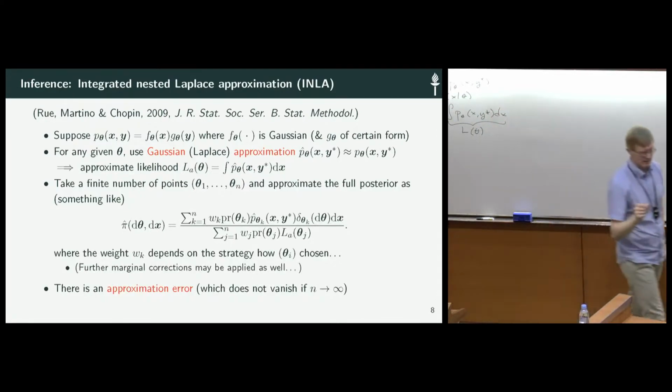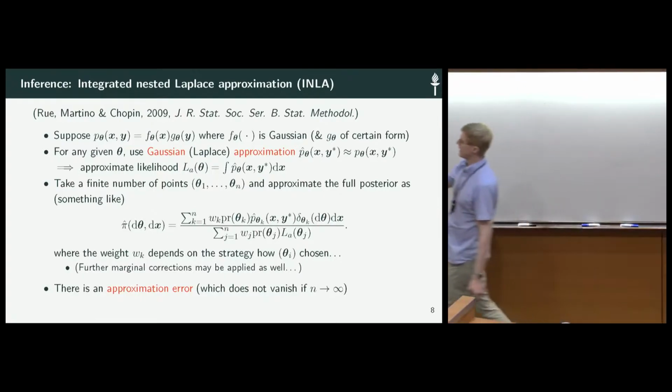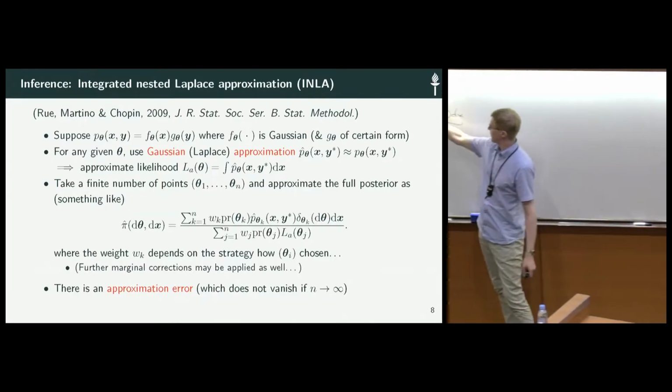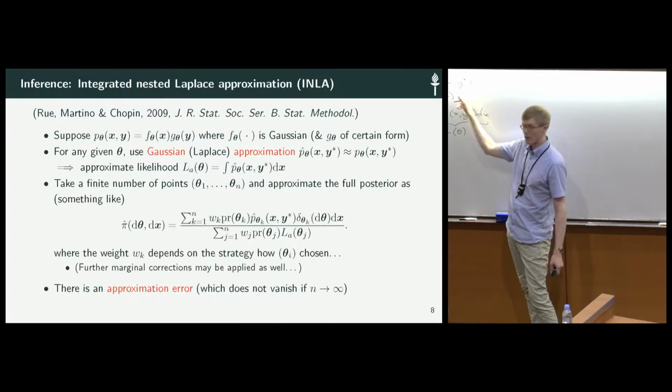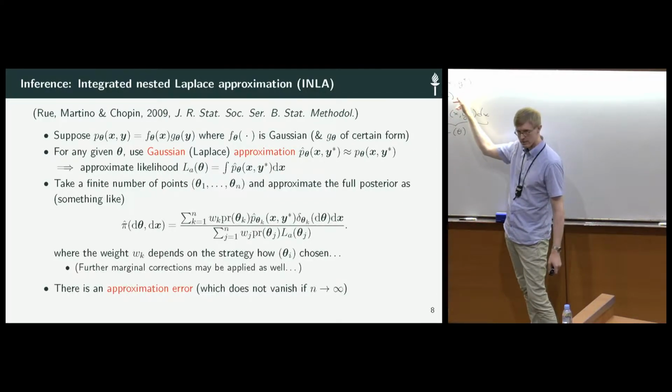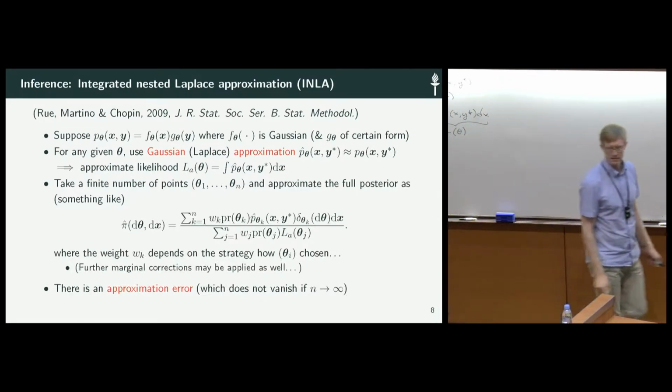And the key is that it's not a global approximation. You build a Laplace approximation by fixing theta and also fixing y, the observations. So actually you remain only with the x.